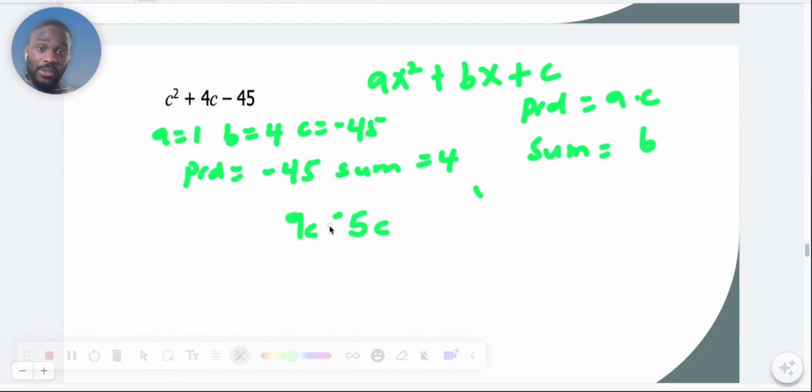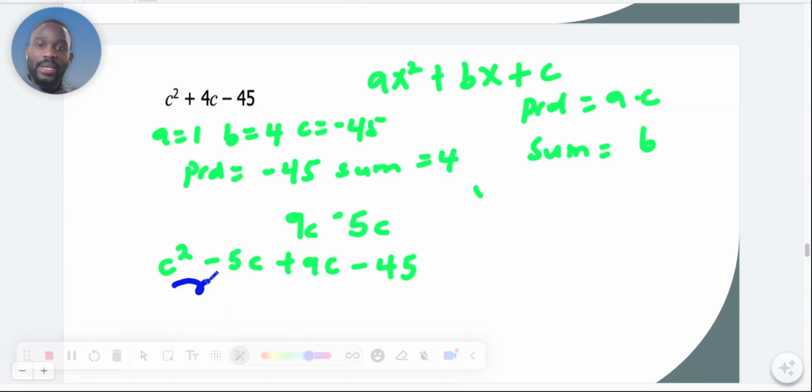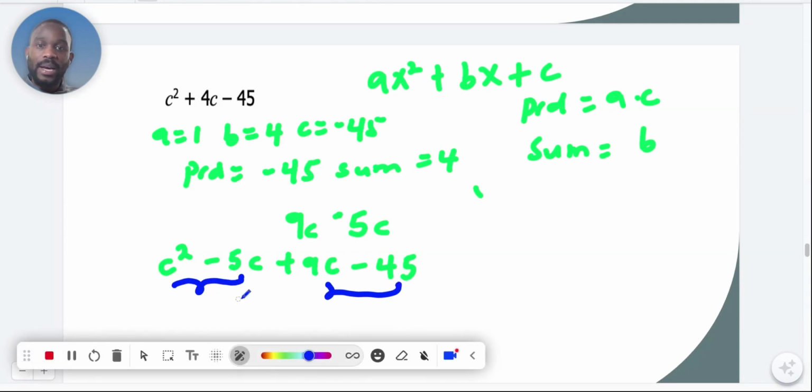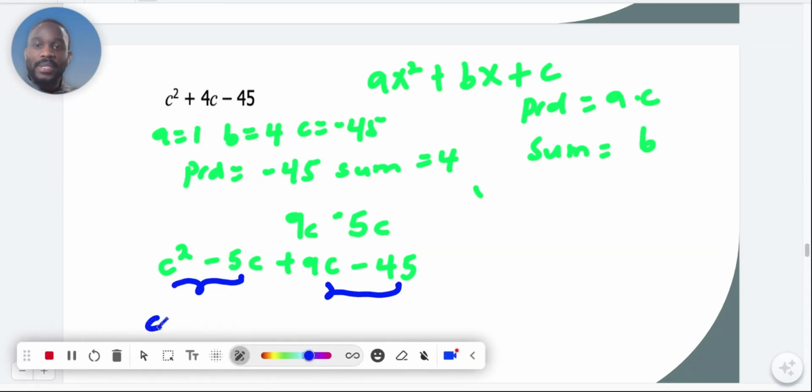After getting these 2 terms, they are going to replace the middle term. So we're going to write this as c squared minus 5c plus 9c minus 45. Here, we're going to apply our knowledge of factoring polynomials with 4 terms. You factor the first 2 terms alone and the last 2 terms alone. Looking at the first 2 terms, what is common is c.